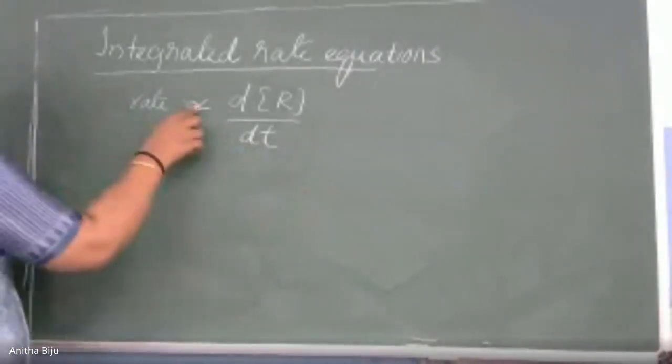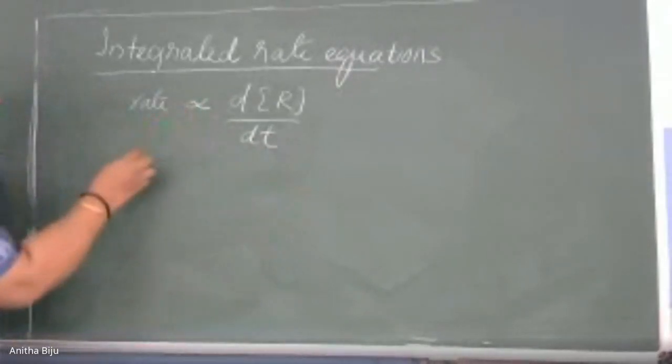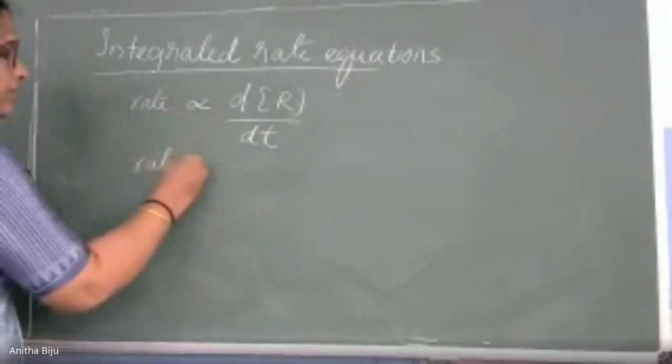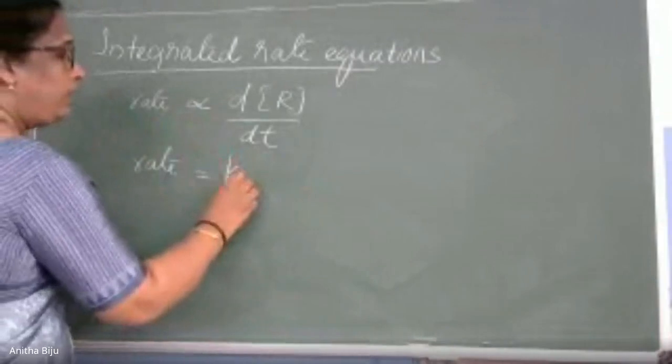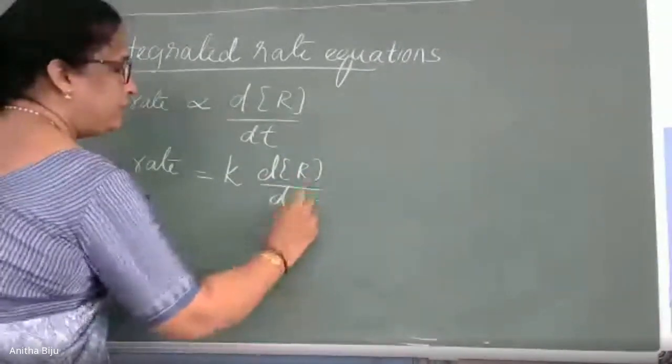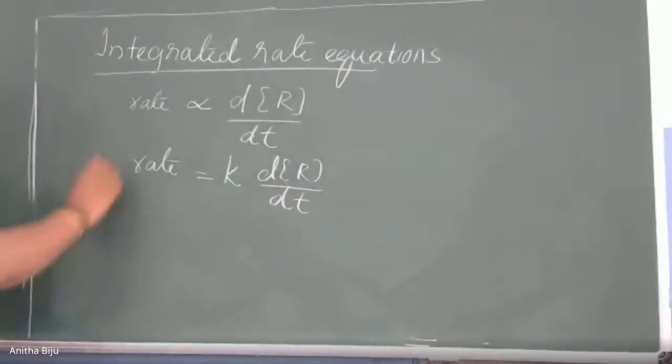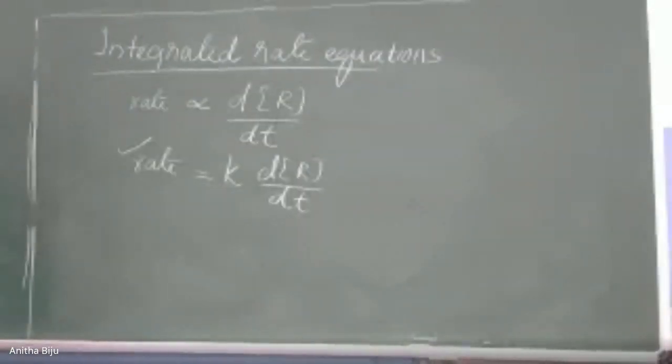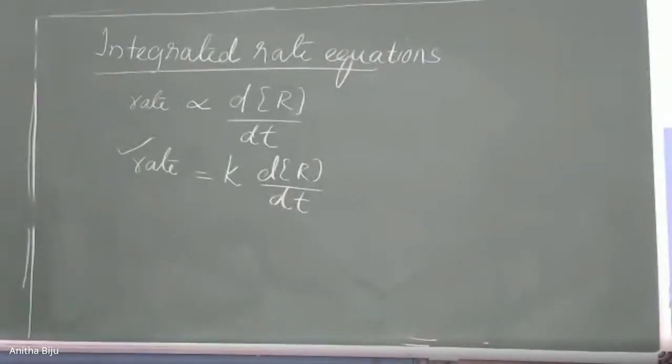In order to remove this proportionality sign, we have to multiply it with a constant k. So we are focusing on this equation: rate is equal to k into dR by dt.